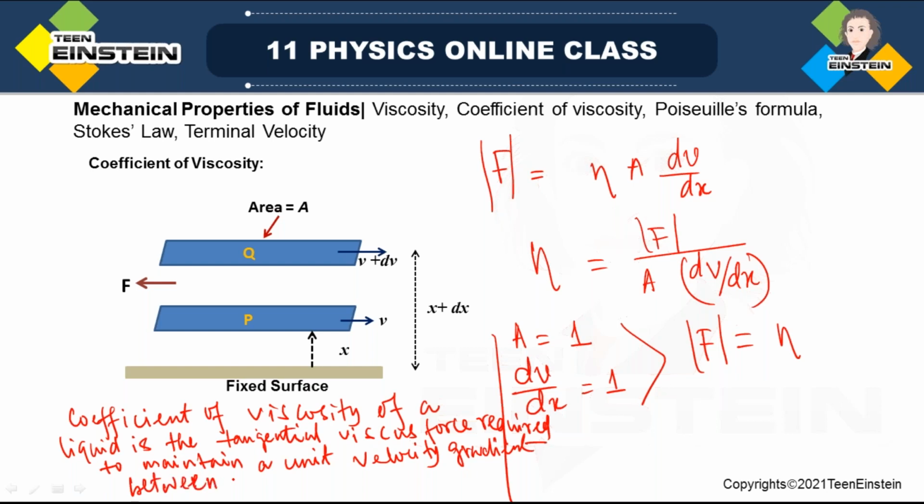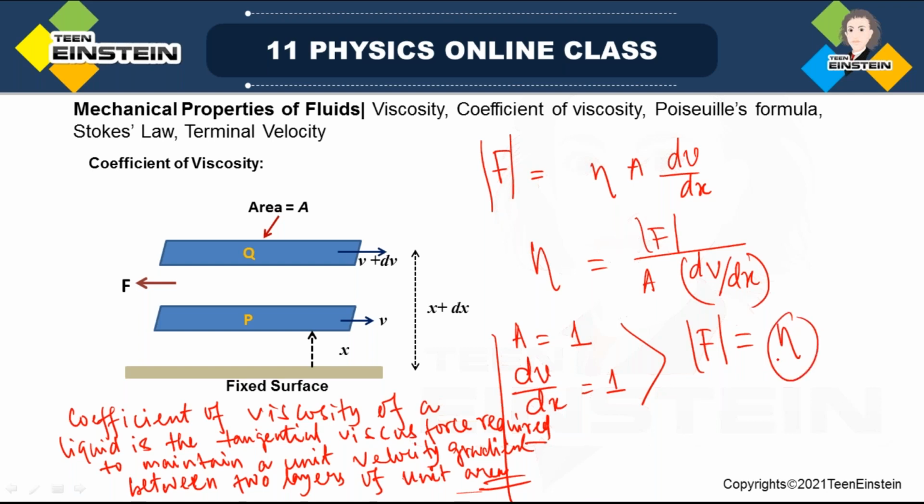Between two layers of unit area. That means each has unit area, as I have written: A is equal to 1 and dv/dx is equal to 1, meaning velocity gradient 1. So how do we define the coefficient of viscosity?